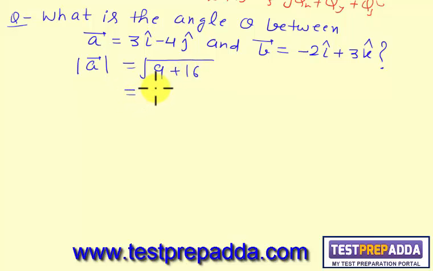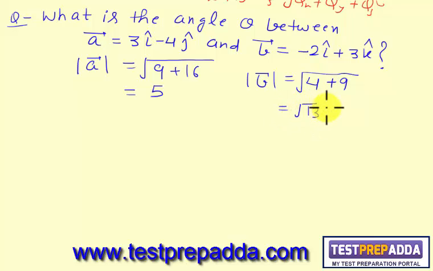It will come how much? 5. And what will be the modulus of vector B? It will be minus 2 square means 4, plus 3 square means 9. So it will be root 13. If you solve, it comes approximately 3.6.